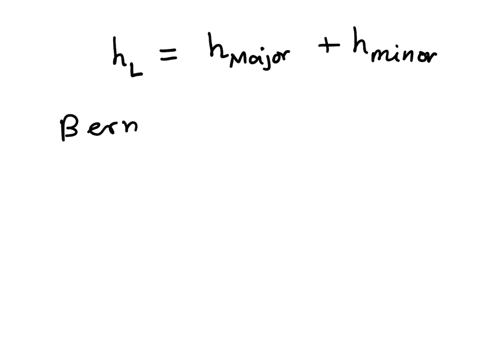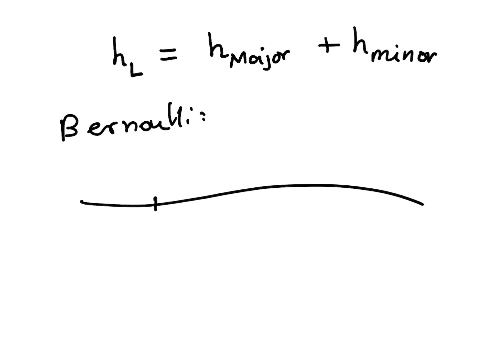We'll say there is a head loss of HL, which is equal to H major plus H minor. Now what is this head loss? We need to think about what is head loss. If you recall your Bernoulli equation, you do know that it's applicable only for the inviscid situation. If you have a streamline, you have point 1 and point 2 along the streamline.